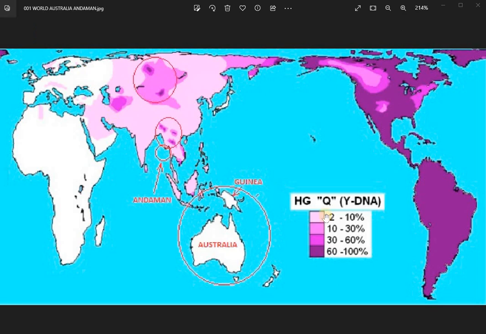When you compare this with Q, then you see that Q is very present all over the world. South America 60 to 100%, while A and B in Africa, on their non-convenient places, very arid, very forested, not convenient for cultures.